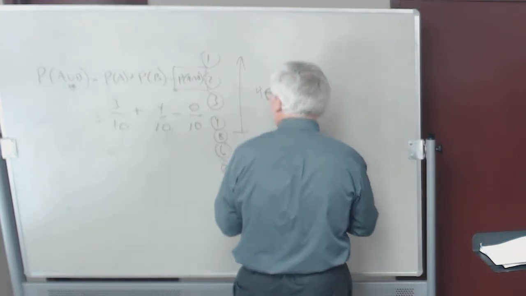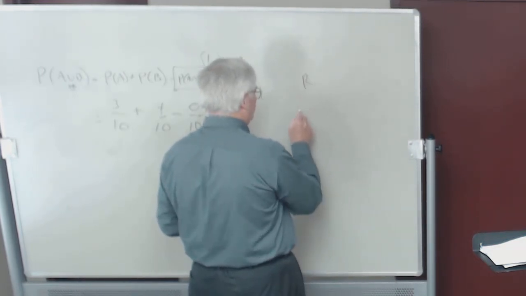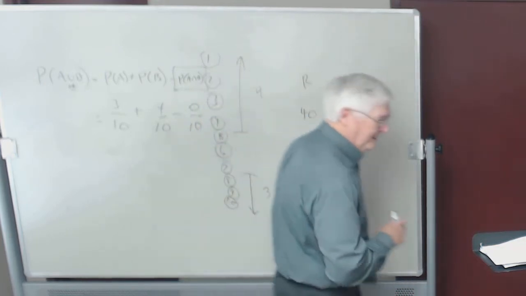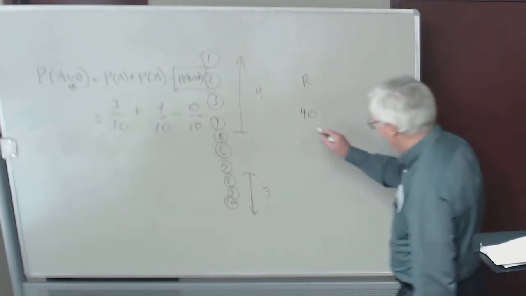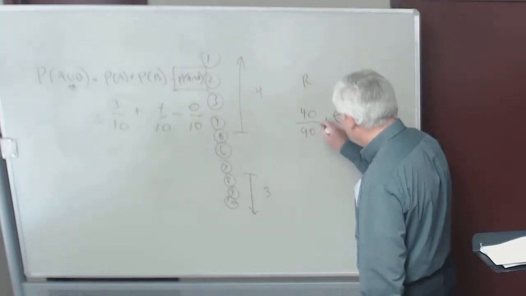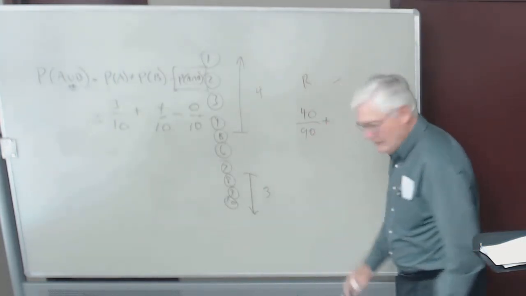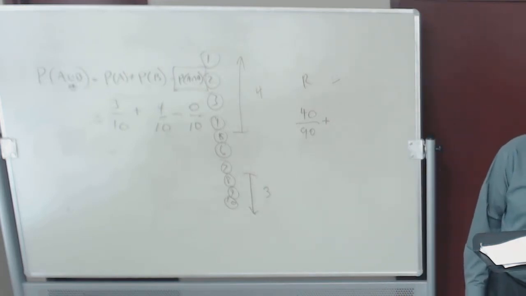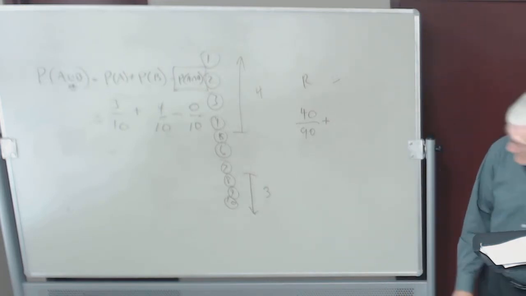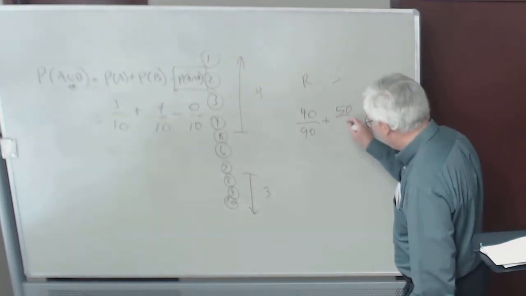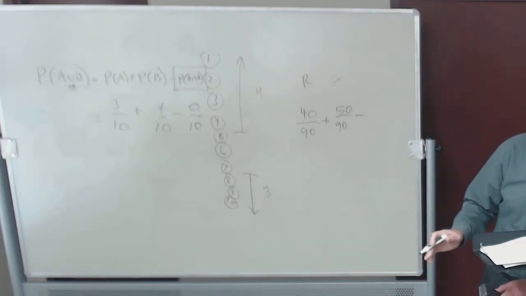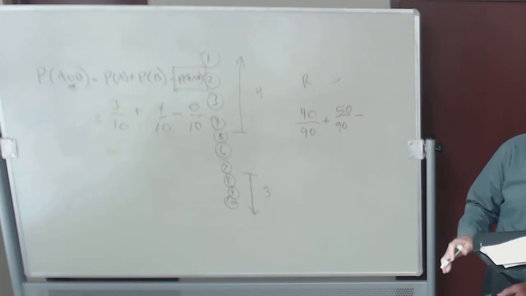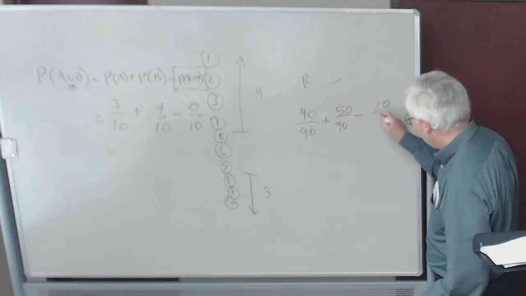So that would be the probability of rain, which is what? How many days does it rain? 40. 40 out of how many total? 90. 40 out of 90, plus the probability of snow, which is 50 out of 90, minus the time when they both happen at the same time, when it snows and rains, minus 10 out of 90.